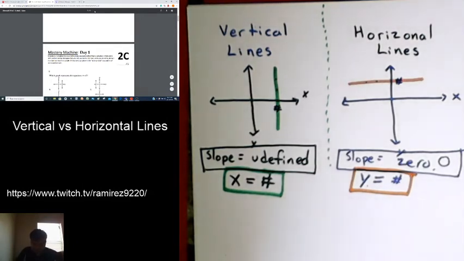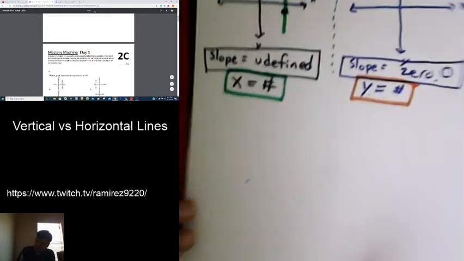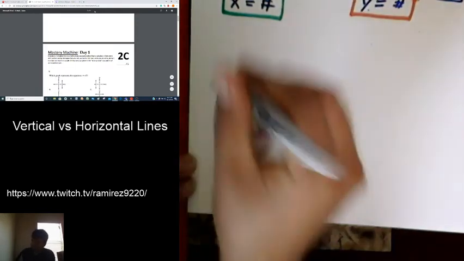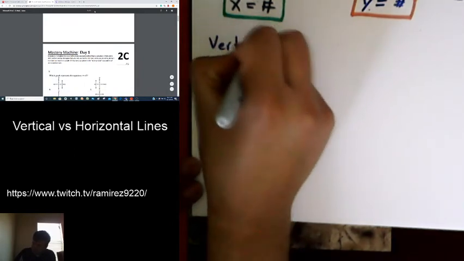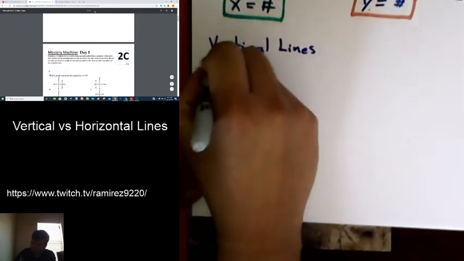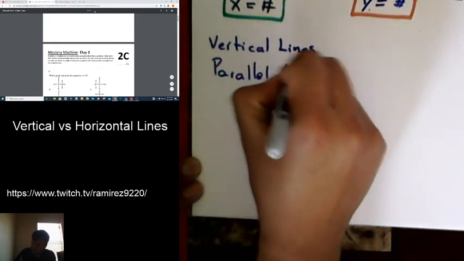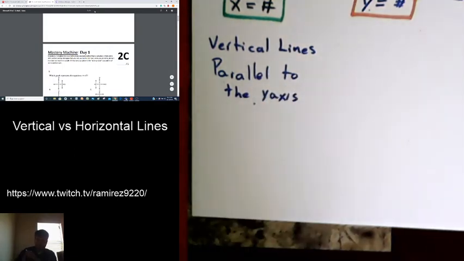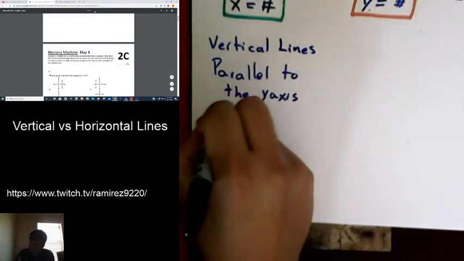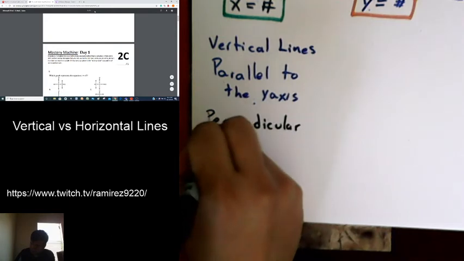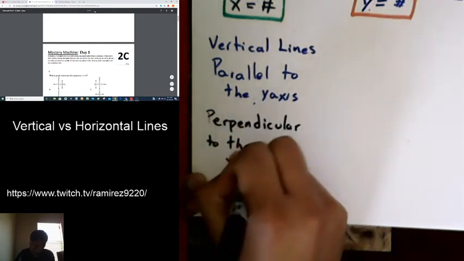Now, there'll be times that they use the words parallel and perpendicular. I want you to keep in mind that vertical lines, vertical equations, they happen to be parallel to the y-axis, but they are perpendicular to the x-axis.